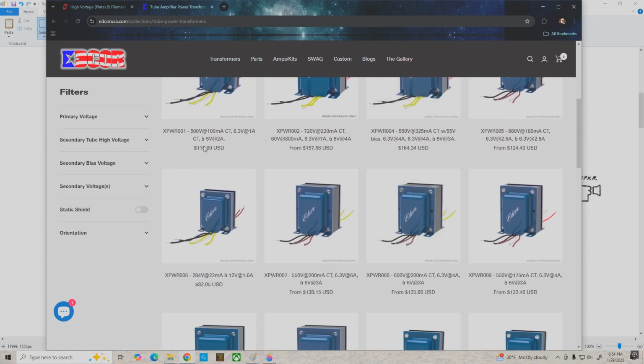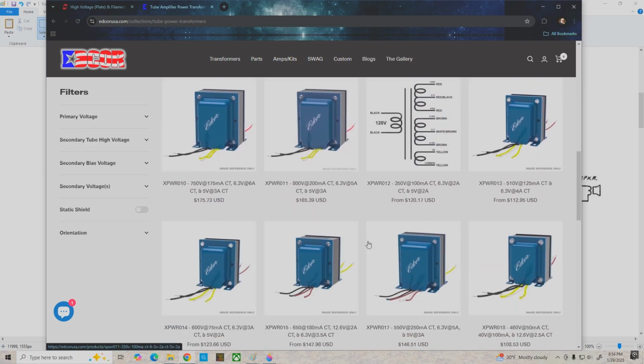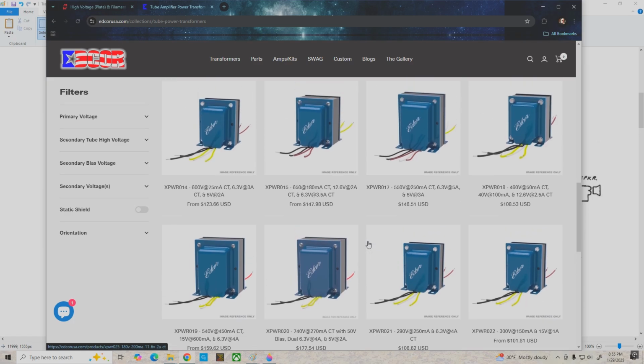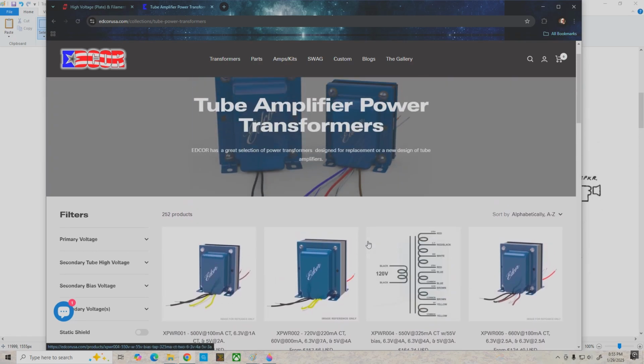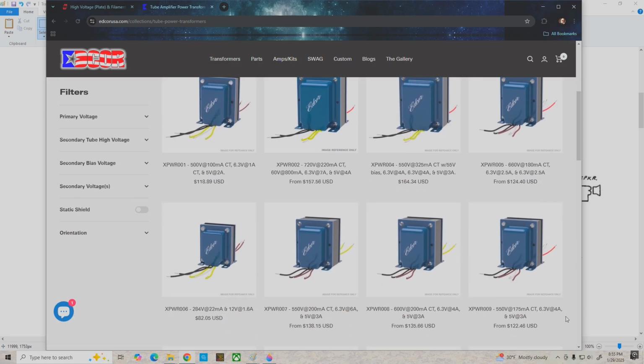Well, we've got $118, $157, $138, $80. So again, these are very expensive as well, and that's the drawback to vacuum tube amplifiers and power supplies. We tend to use really expensive transformers, but that's the price we have to pay if these are the amplifiers that we want to build.